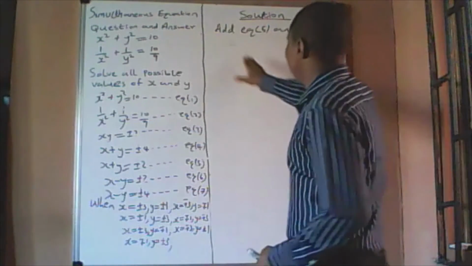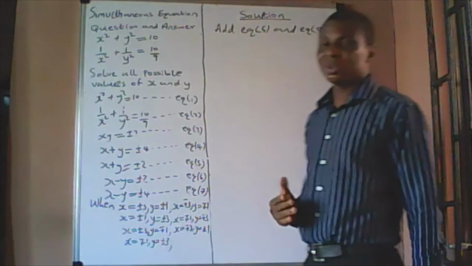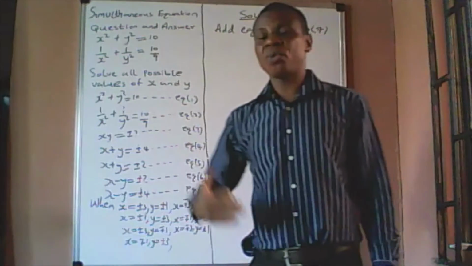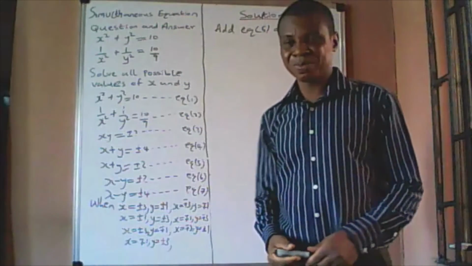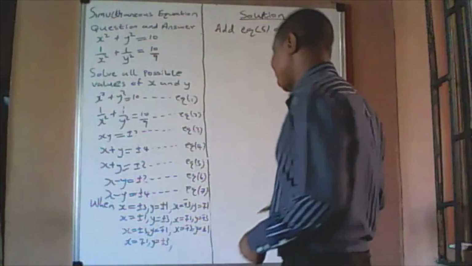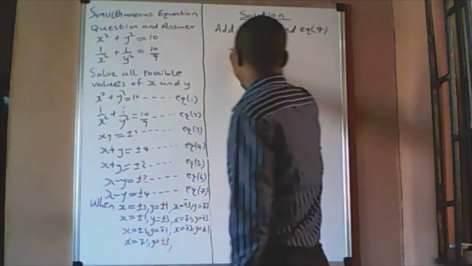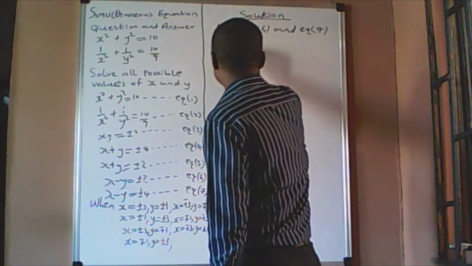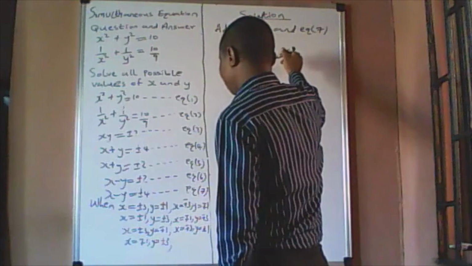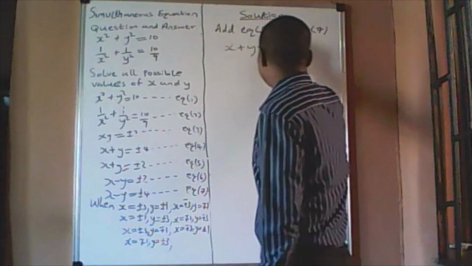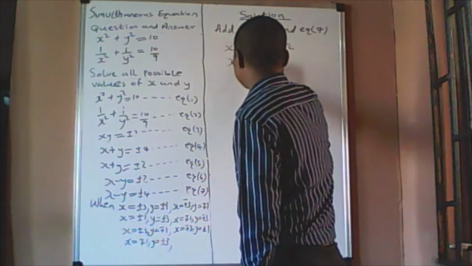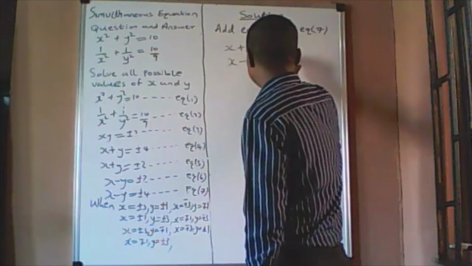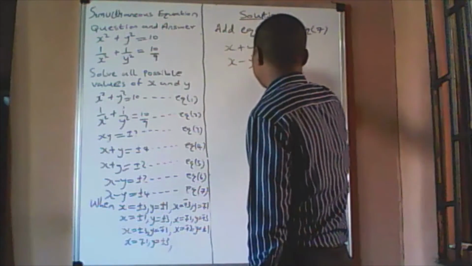Now, let us consider the fourth possible values of equation 5 and equation 7. Now, we consider it when x plus y is equal to minus or plus 2, x minus y equal to plus or minus 4.